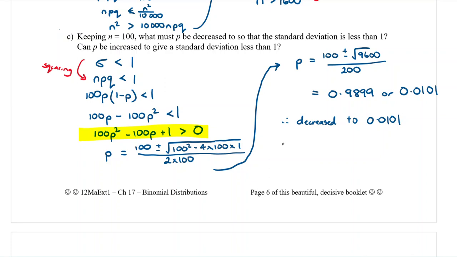Or it could be increased to 0.9899, and anything in between those would still be less than 1 standard deviation from my mean.